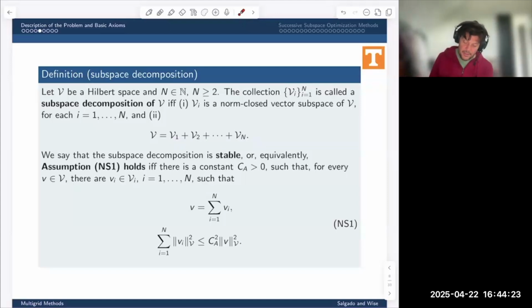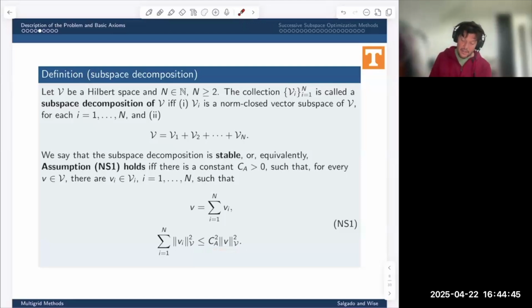The stable part is that when I sum the norms squared, the sum over i equals 1 to N of the norm of V_i squared, it's less than or equal to that constant C_a squared times the norm of V squared.